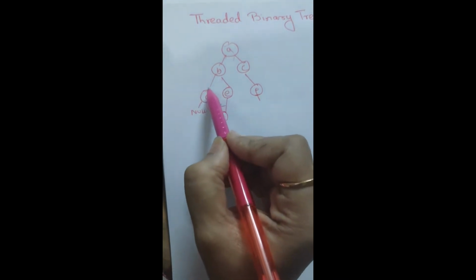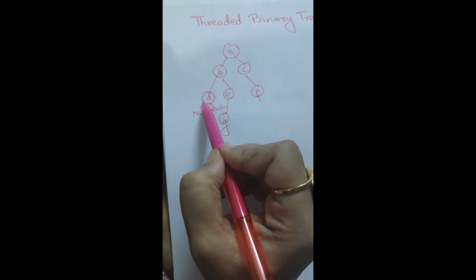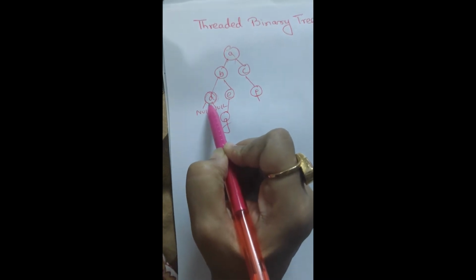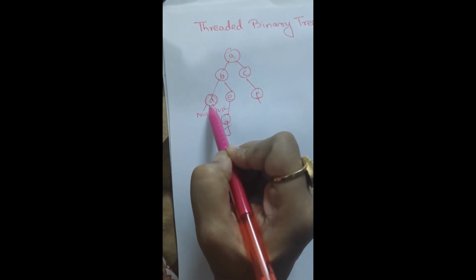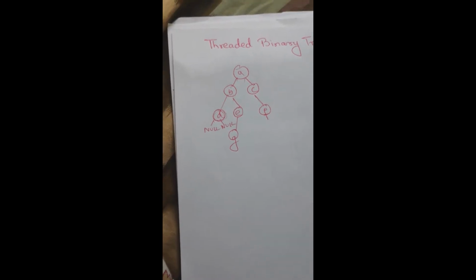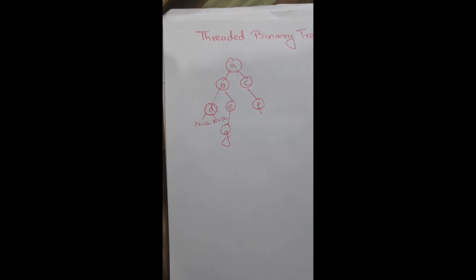Suppose we consider this node D. When we are creating this node D, we are allocating memory for this node, correct? Because when we are creating any structure using linked list, the first thing that we need to do is ask for memory from the compiler, correct?